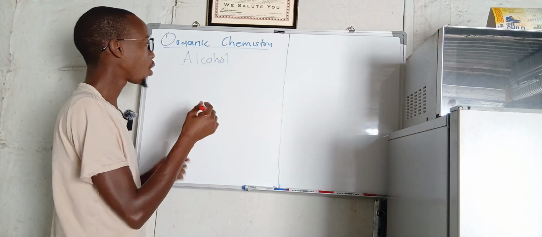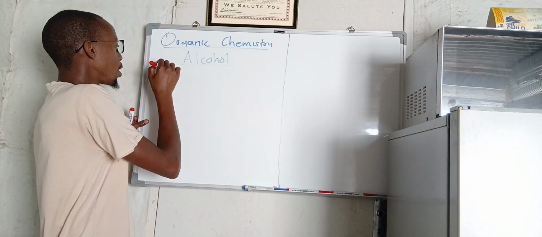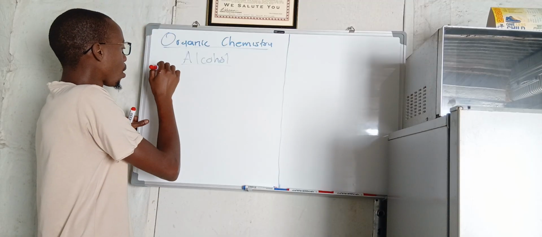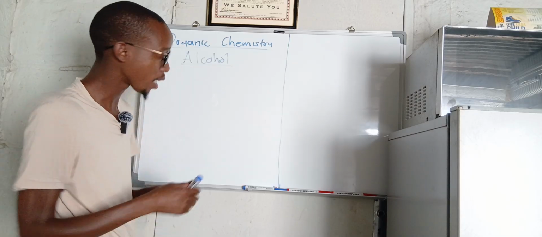Anyway, alcohol has its functional group as an OH. It can be placed anywhere on the structure, on the diagram.